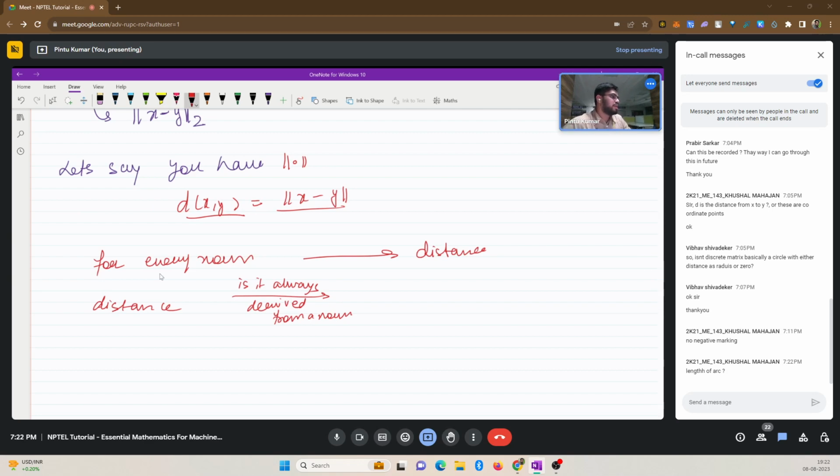Length of an arc. I didn't get your question, Kushal. Can you please be more specific? Sir, I'm giving the example of whatever you're saying, a distance which we cannot derive from a norm. So what do you mean by length of arc?